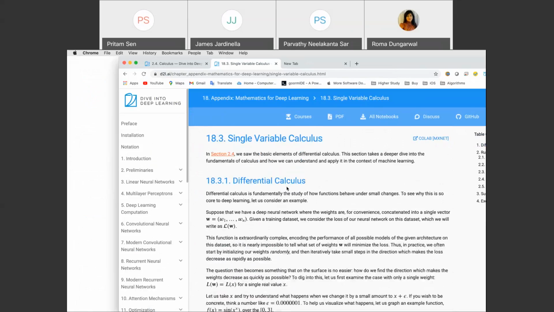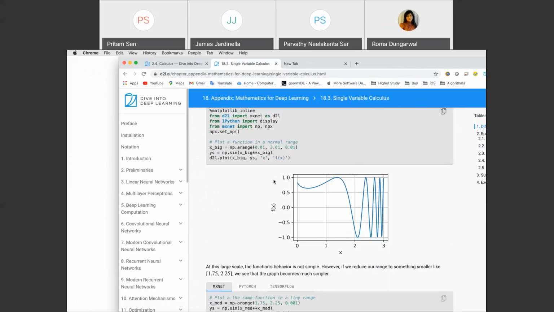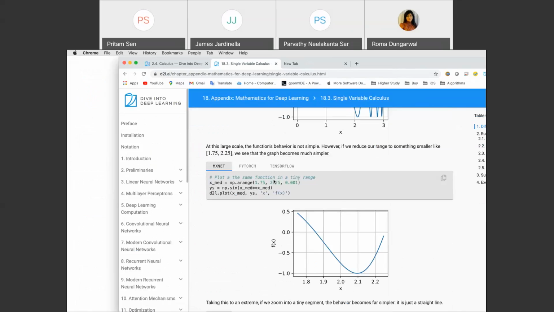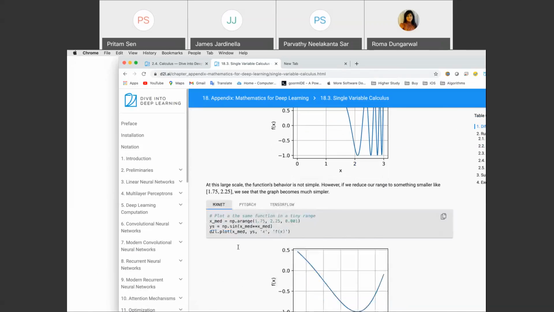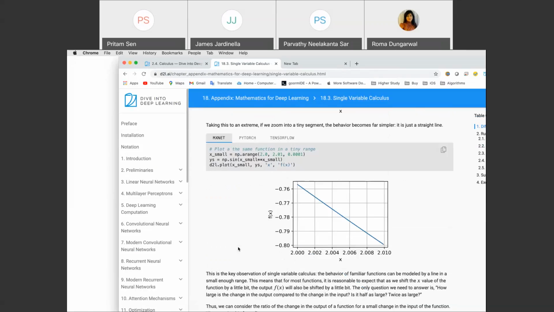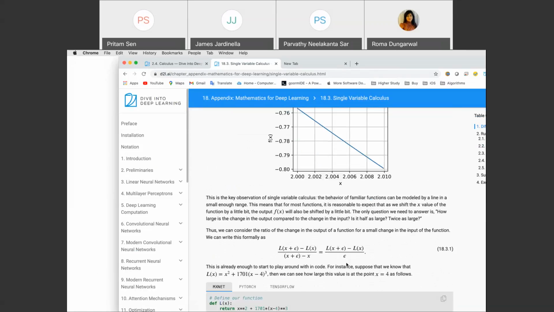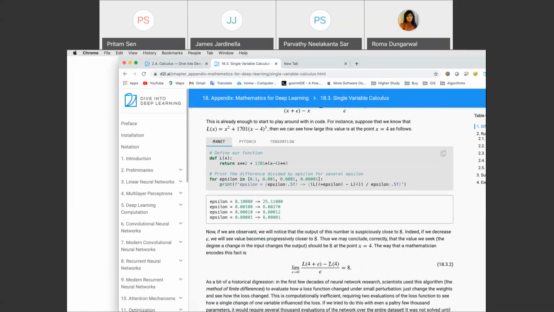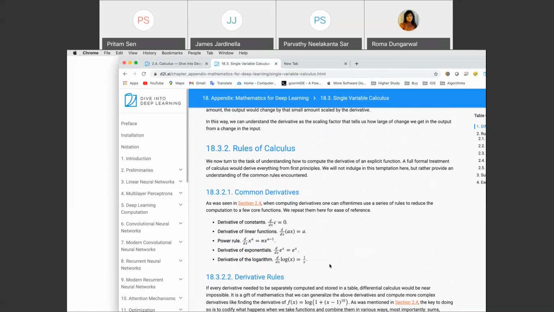For single variable calculus, the maximum rules shown in the preliminaries are applied. Here different kinds of plots are shown, for example sin x and straight lines, and it plots and calculates different kinds of derivatives. These are the common derivatives.